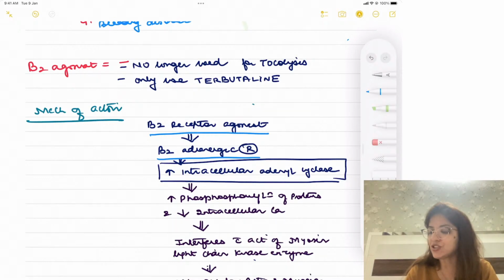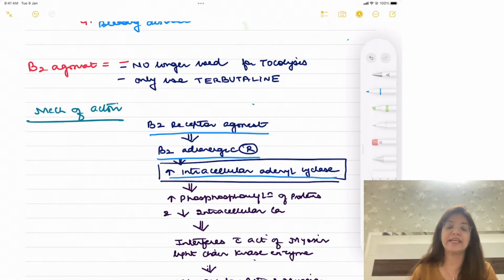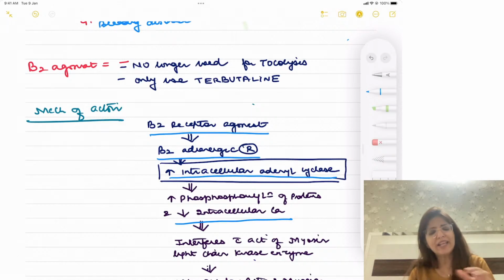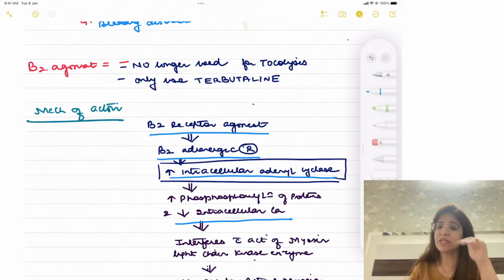They increase the activity of intracellular adenyl cyclase, and whenever it is increased, it decreases the intracellular calcium levels. Right? So ultimately, all the tocolytic mechanisms are going to lead to a decrease in intracellular calcium levels. Beta-2 receptor agonists do it by increasing the activity of intracellular adenyl cyclase.